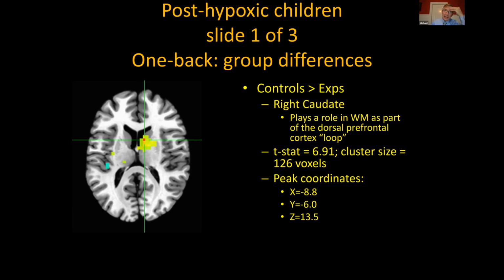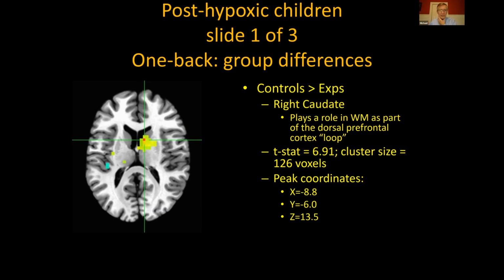And we're looking at patterns of brain structure and function using fMRI in the preemies that were hypoxic and age-matched controls. And the test that we're doing in the MRI scanner is the one back, which is a series of numbers flash across the screen, and the kid has to press a button to identify those numbers. So it involves a little bit of working memory, a little bit of motor coordination.